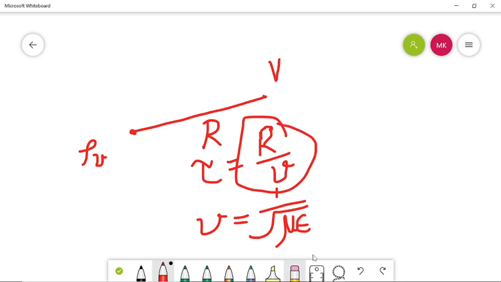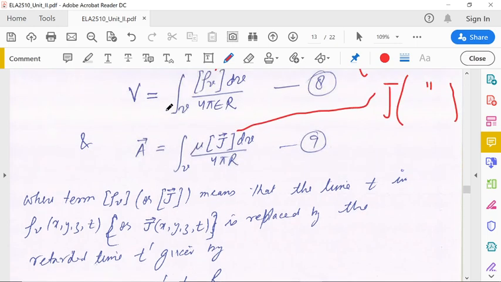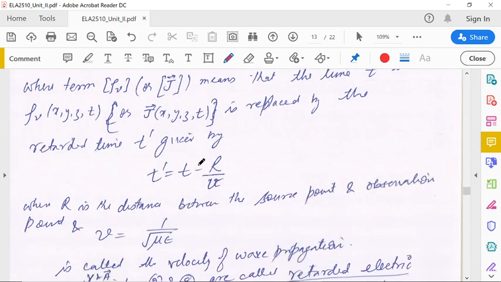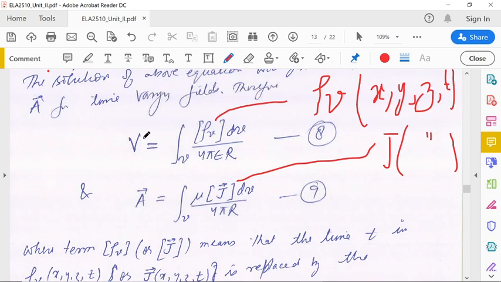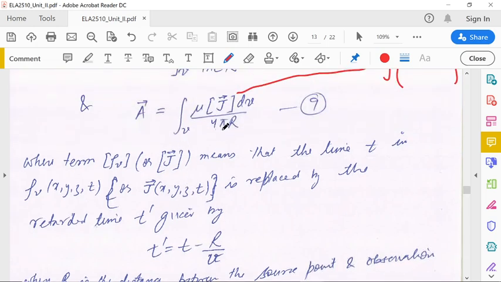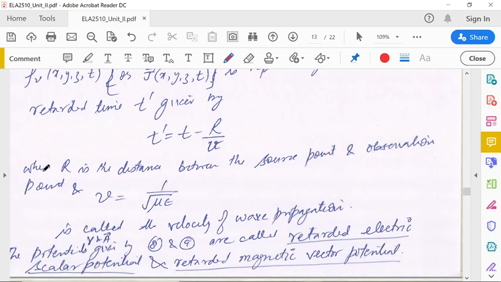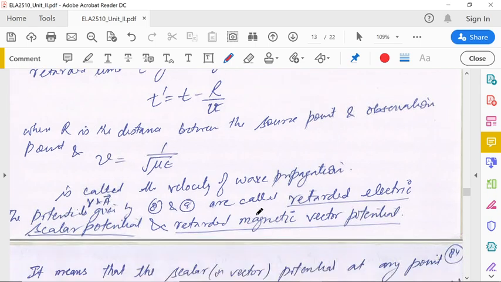So when you observe V and A, they will be delayed by t minus r over v. t is the time at which J is changing, and its effect will be delayed by r over v. Here r is the distance between the source point and the observation point, and v is given over here.